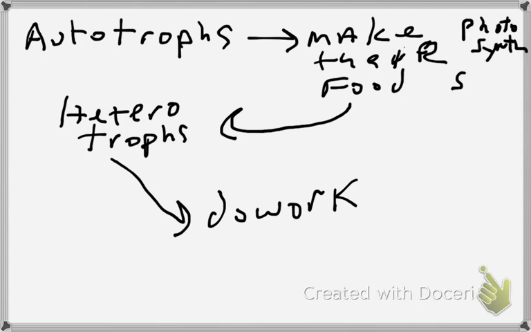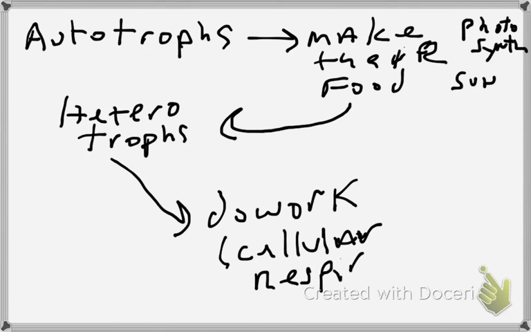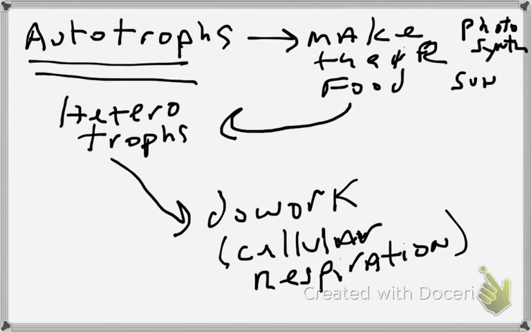That energy comes from the sun. Heterotrophs eat that, and they can do work by extracting energy from that food by doing cellular respiration. So essentially photoautotrophs, or autotrophs in general, are powering all the organisms that need to eat something else. And so that's the reason we're focused on this.